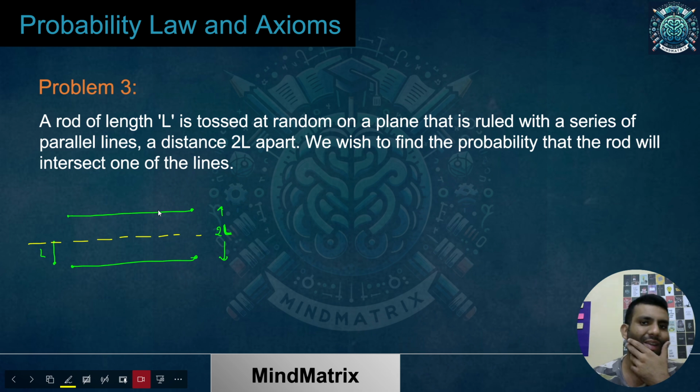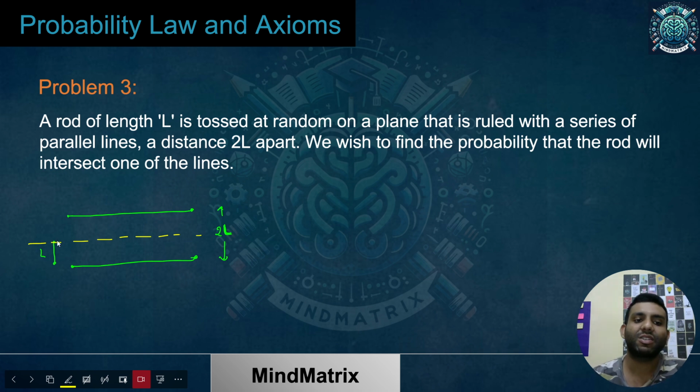No, that won't be happening at any point. My rod would not be intersecting with 2, 3, 4 lines at a time. It will intersect with only one, because we already know the total distance between the two is 2L, and the length of my rod is itself L.